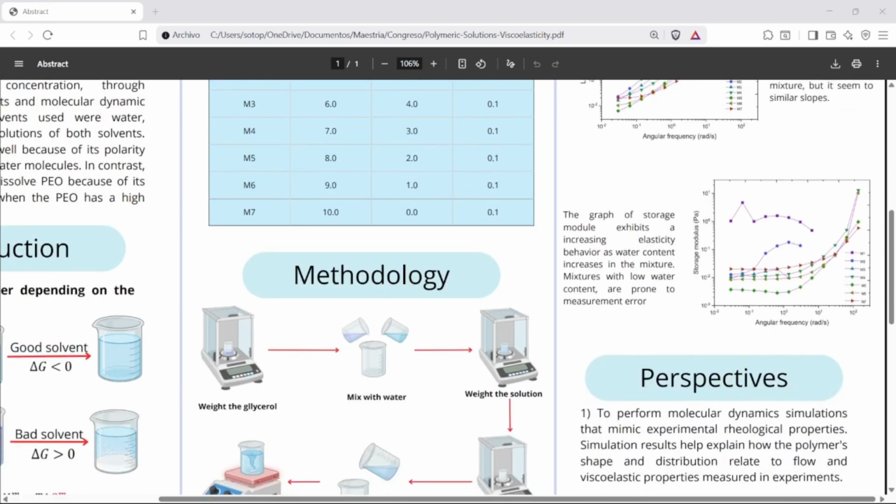In the graph of the storage modulus, this exhibits increasing elasticity behavior as water content increases in the mixture. Mixtures with a low water content are prone to measurement error.